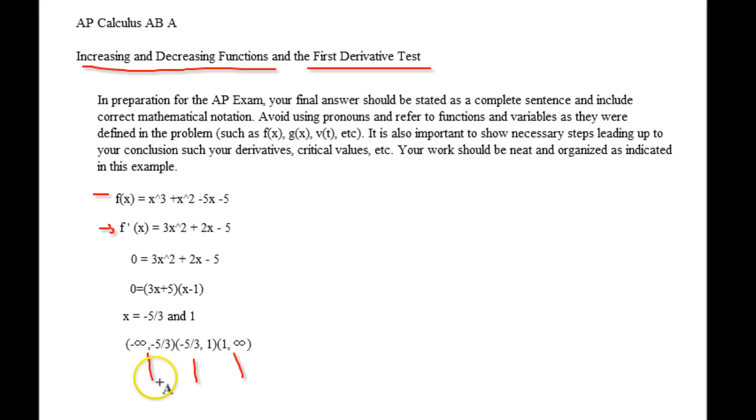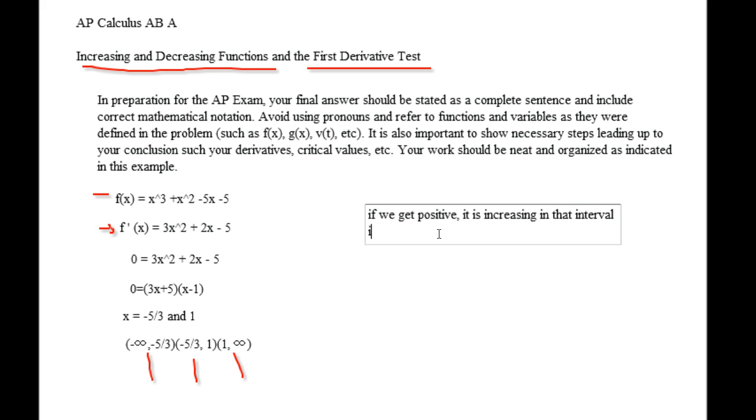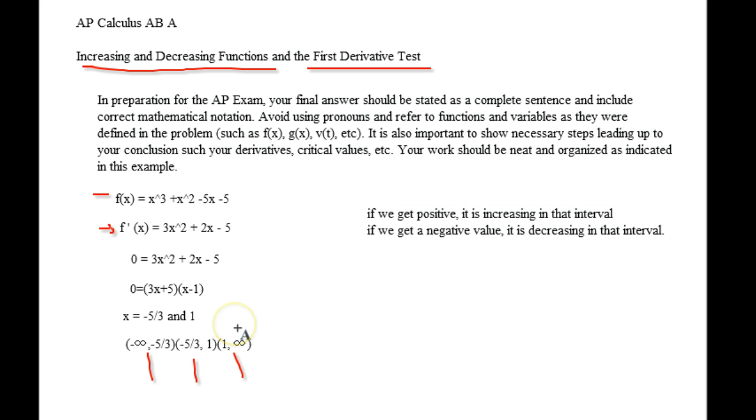If we get a positive value, it is increasing in that interval, and if we get a negative value, it is decreasing in that interval. Okay? So it should be pretty simple. Now, we're not going to include these endpoints, because if you include the endpoints, you're going to get 0. It's as simple as that.